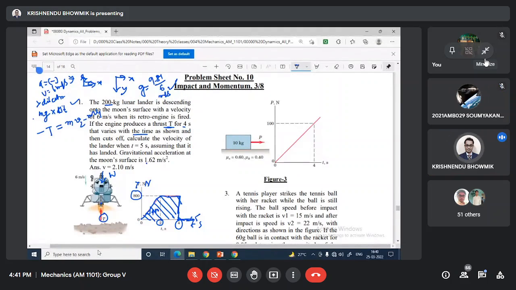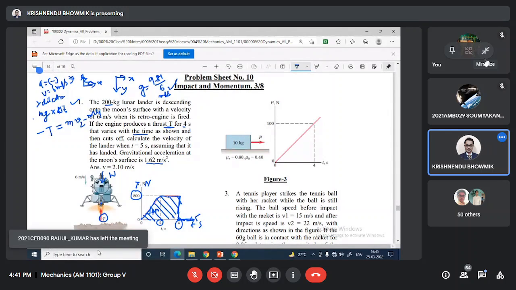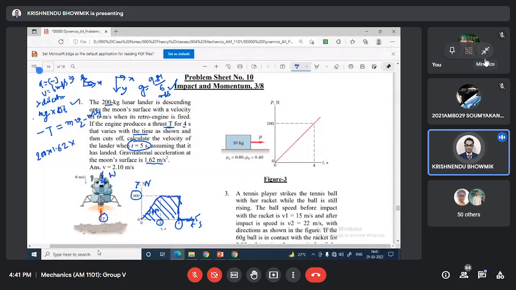Oh yes, this is given, so directly we'll use that. So what we'll write here: m is 200 multiplied by 1.62 multiplied by delta t, which is 5 seconds, minus, what is this area?